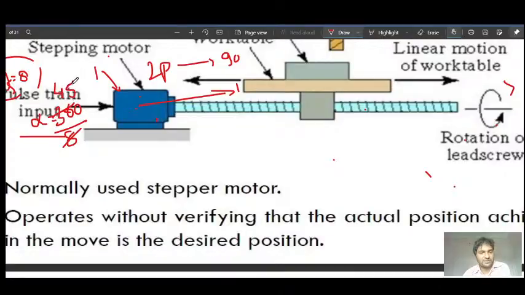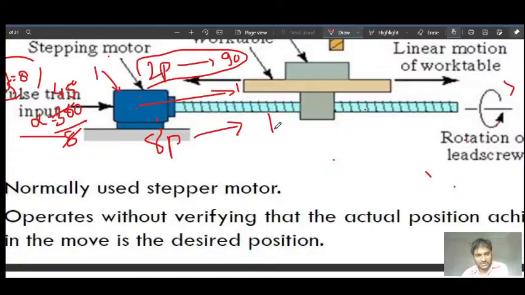So one pulse will turn 45 degrees, two pulses 90 degrees, three pulses 135, four pulses 180, and likewise 8 pulses will cause the motor to rotate 360 degrees. 8 pulses, 360 degrees, means one rotation.